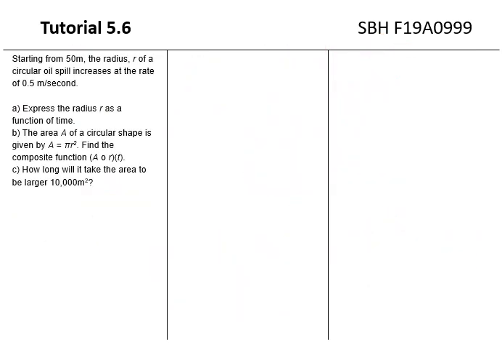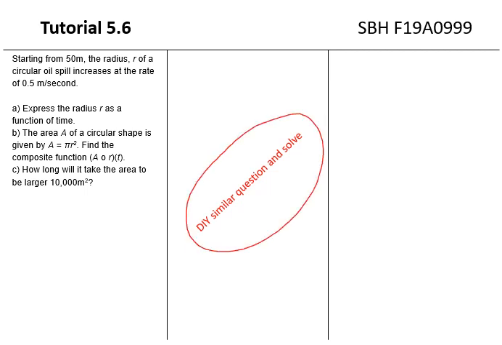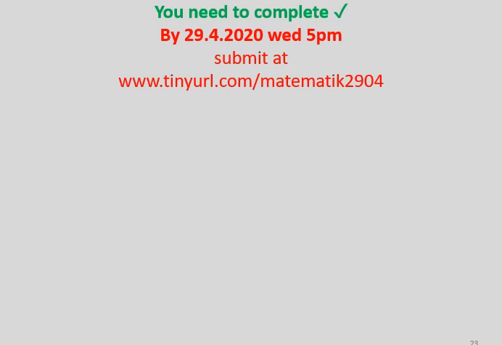Okay, last tutorial: create your own application question and then solve it yourself. This is the same process, just leave the third box blank. We come to an end here. Today is Tuesday the 28th.